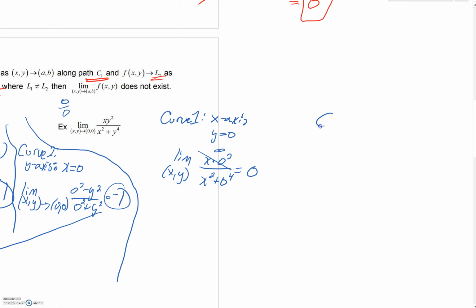However, this is the trick to a two-path theorem here. What you want to do is begin to wonder, perhaps I could substitute something in a curve that could be helpful. And dare I say, I'm going to let x equal y squared.